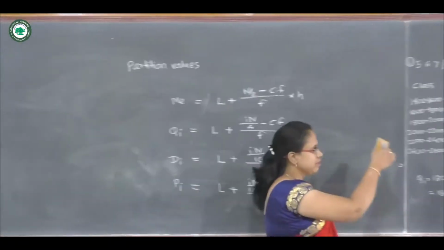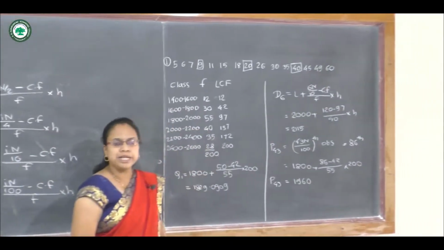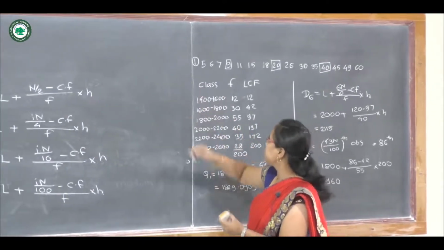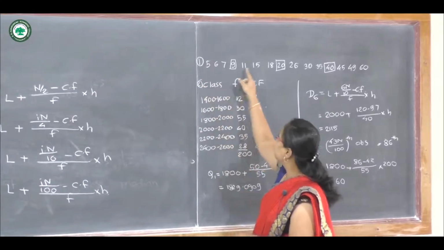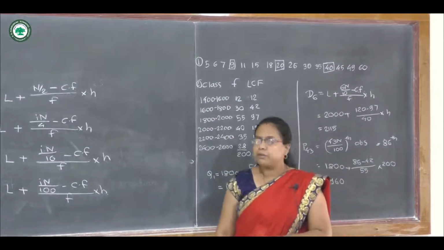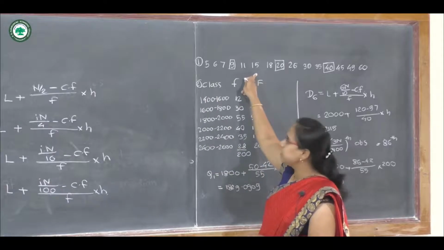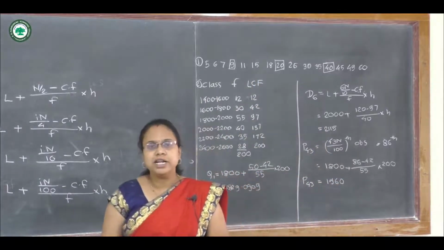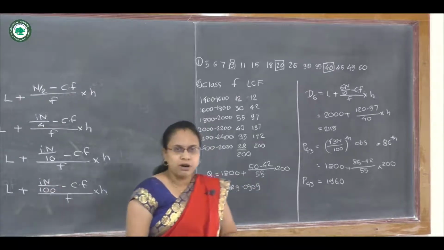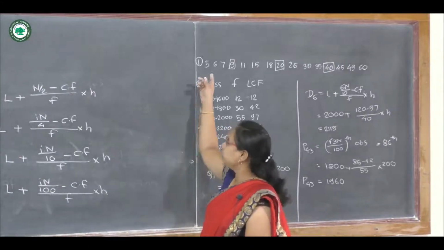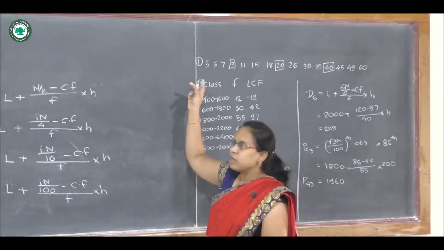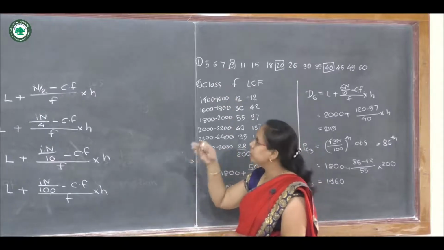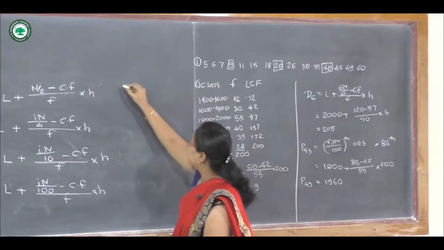So here I have written some examples to calculate partition values. This is the first example where we have ungrouped data, means there is no grouping in the data, and I have already written this data in increasing order. There are 15 observations in the data, and we have calculated the quartiles.